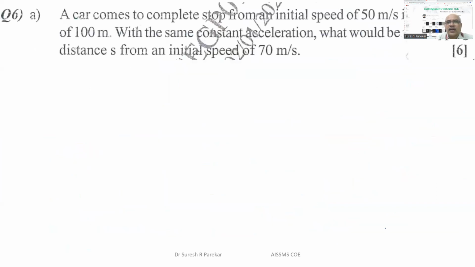The car comes to a complete stop from an initial speed of 50. Now we have only one vehicle, so we will write the given data. This is most important. If you can write the given data, you can solve the problem very easily.